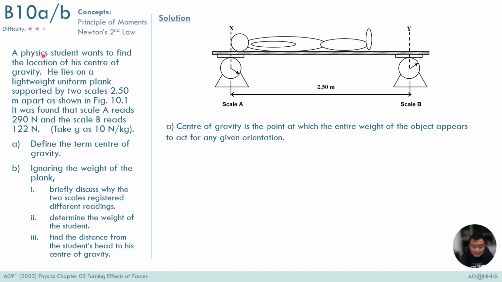Now B part 1 looks like a very simple question, but it's actually pretty difficult to articulate in words to explain why the two scales give you different values.